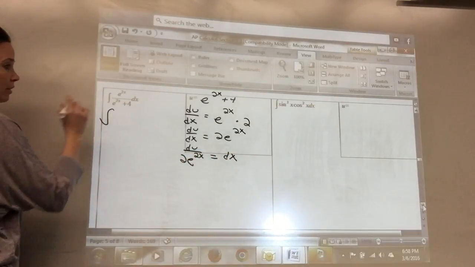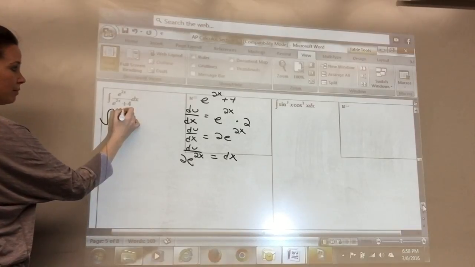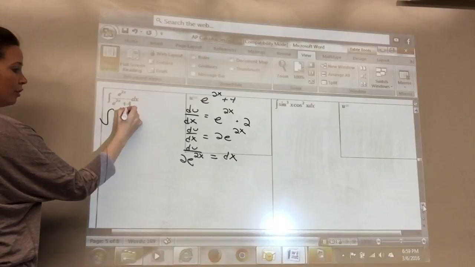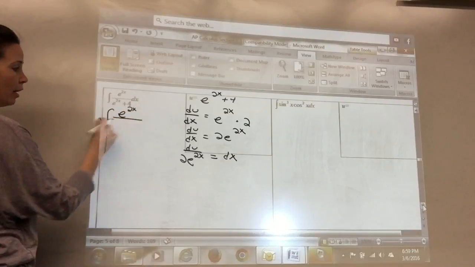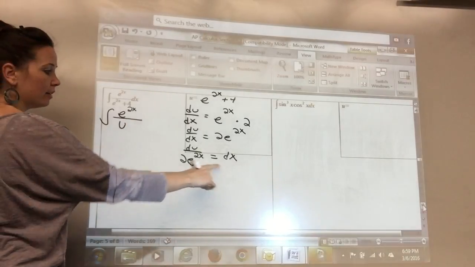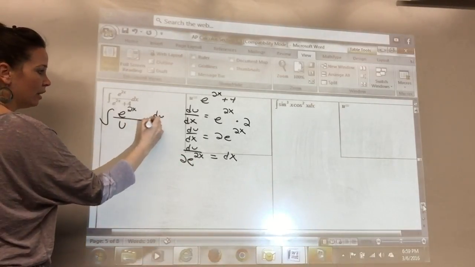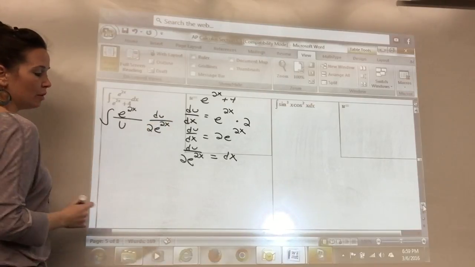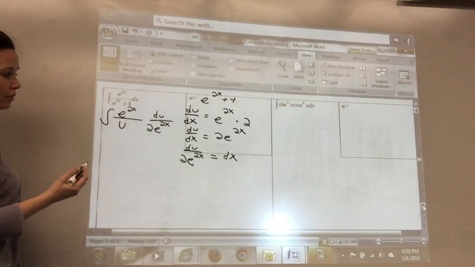Coming over here, this does help a ton because now, what is my substitution? Well, I'll have e to the 2x still in the numerator. My whole denominator becomes the u, and dx over here becomes du over 2e to the 2x. And you can see now this time there's no dead end.